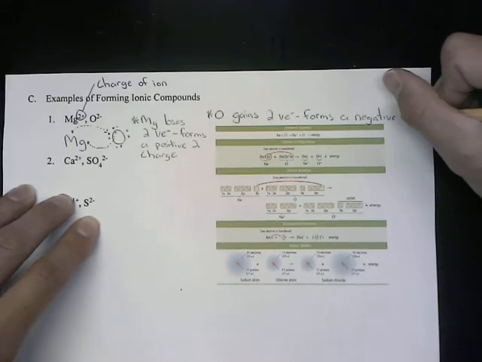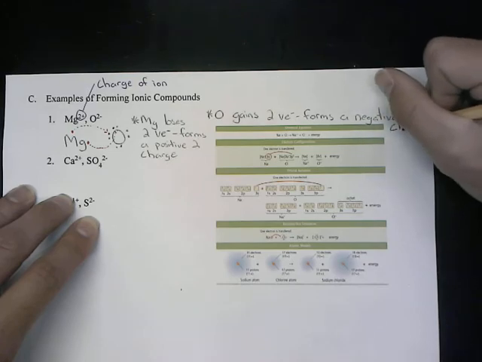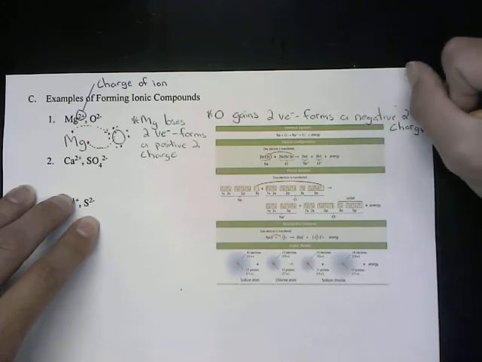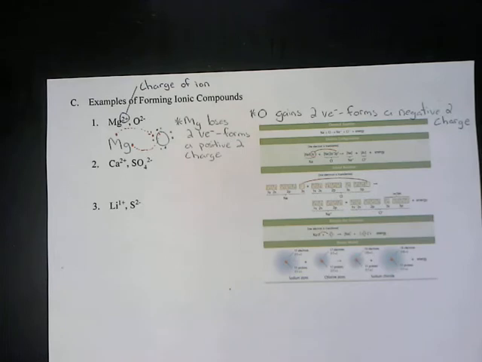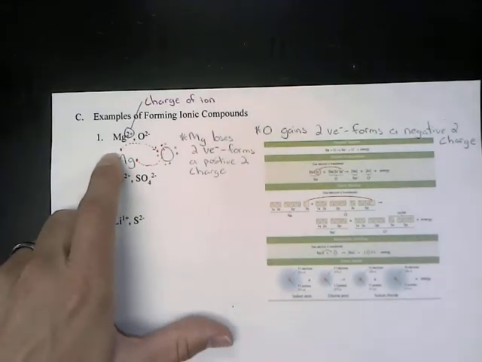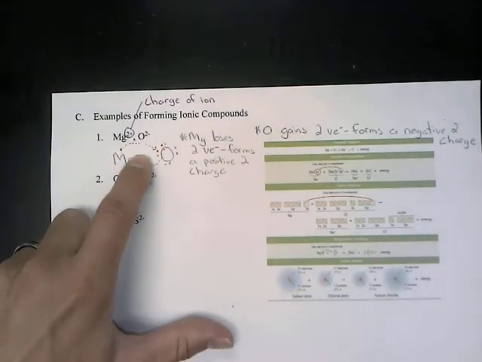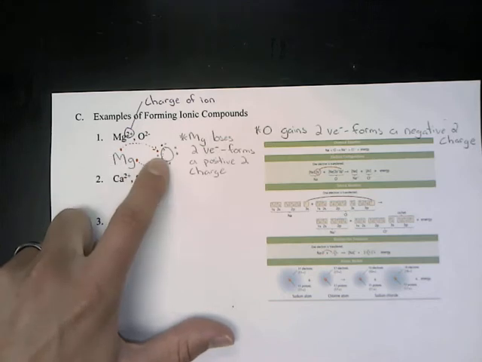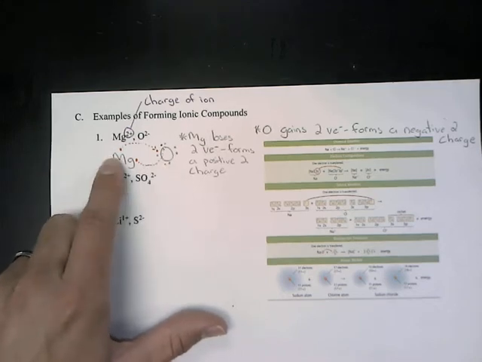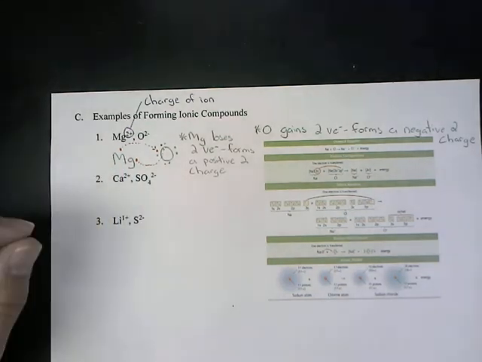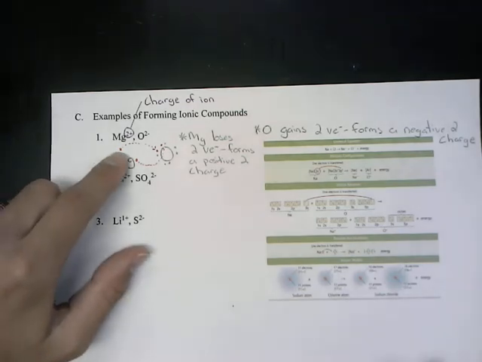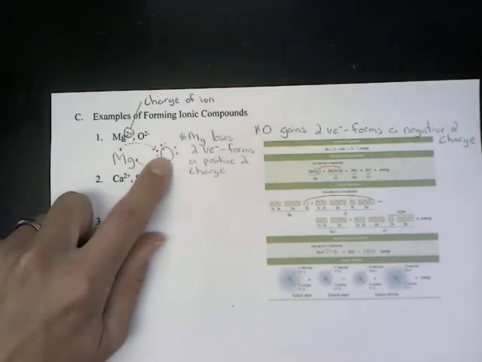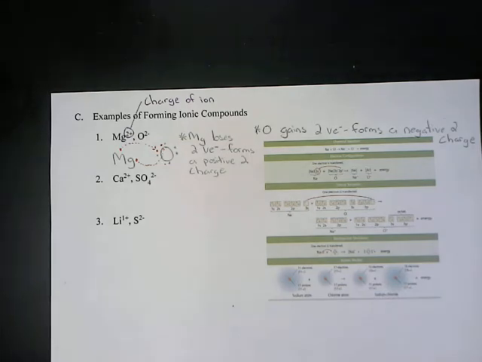The reason I go through this example is that when electrons are given from one atom to another, we have a change of charge. We also have ions form. And the third thing that happens is that because Mg gave the electrons to oxygen, they now enter into that ionic bond, so they're now an ionic compound.